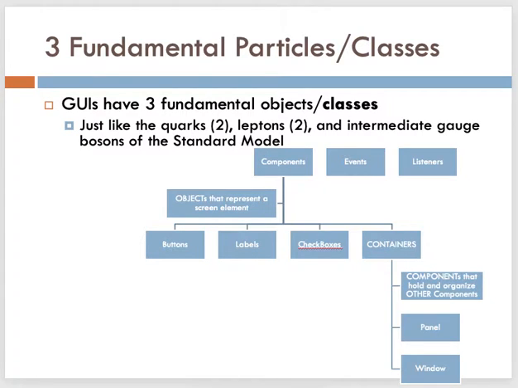But I want to get right to this idea of graphical user interfaces. We know, for example, in physics, there are three categories of fundamental particles in the standard model of particle physics: quarks, leptons, or intermediate gauge bosons.